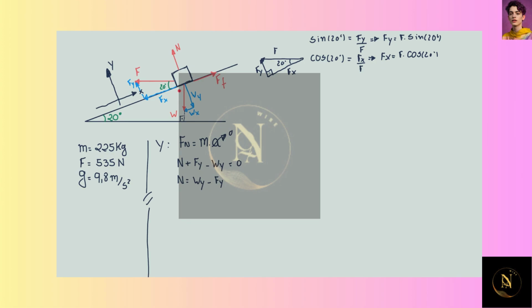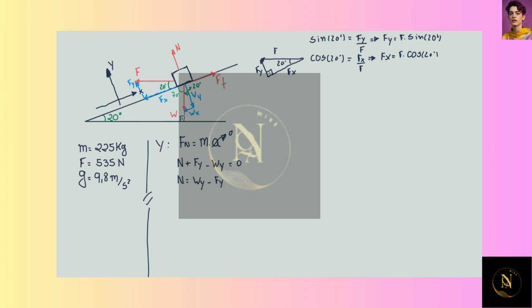This angle must be something that when we add it up with 20, composes 90. Therefore, it must be an angle of 70 degrees. So this is 70 degrees. At the same time, this angle is a right angle. So 70 degrees plus this internal angle must be 90, meaning that this internal angle is also 20 degrees.